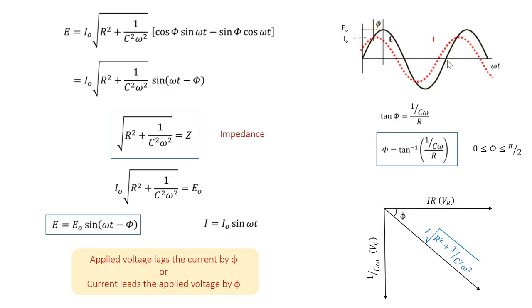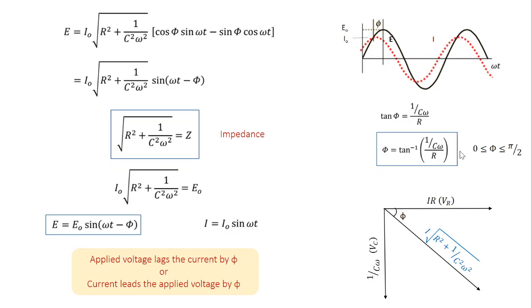Quickly compare this with the capacitor circuit. In the case of capacitor circuit, you have seen that voltage always starts from the 0 position, and the current started from the positive peak. Now here voltage starts from the 0 position and current starts anywhere between the 0 point and the peak point.